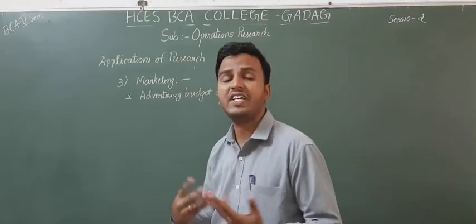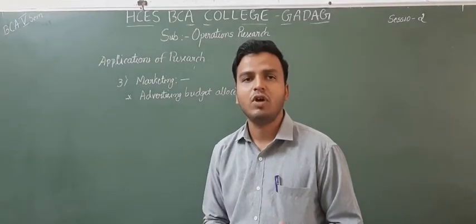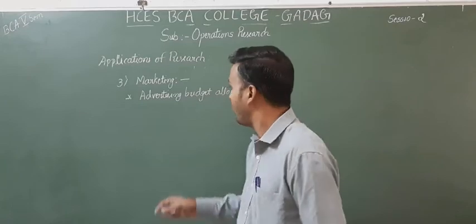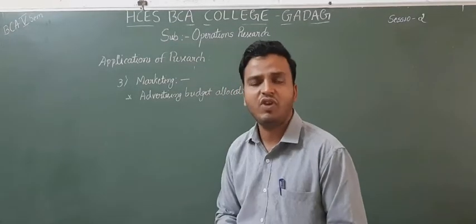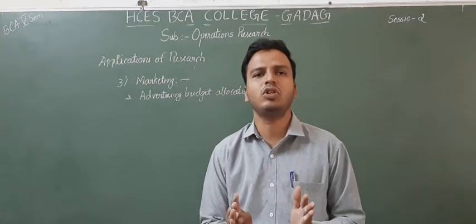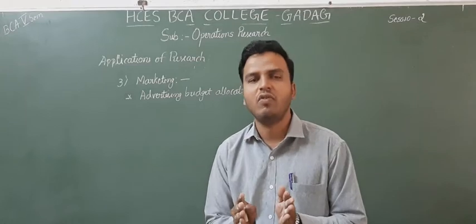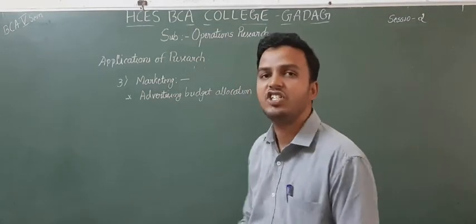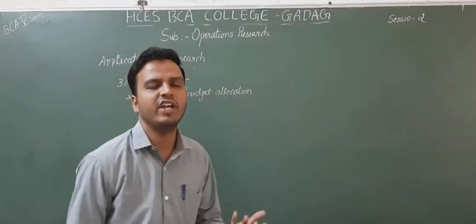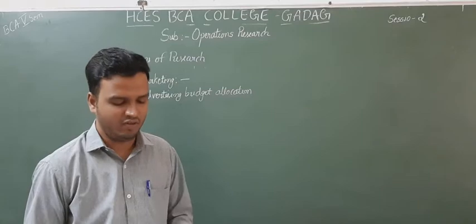We have to advertise that product. For advertisement some amount is required. For that, advertising budget allocation. We have to allocate some amount for advertisement. We have to make one budget for advertisement. So that is called advertising budget allocation. We have to allocate some amount for advertising in a proper way.